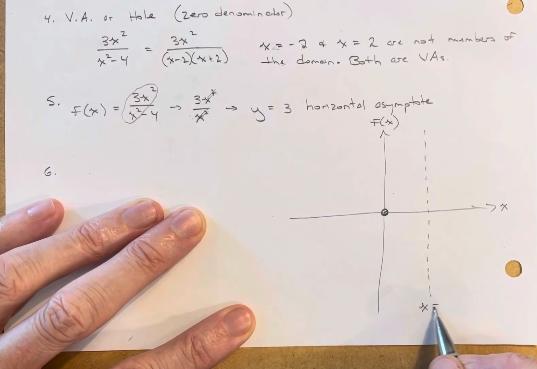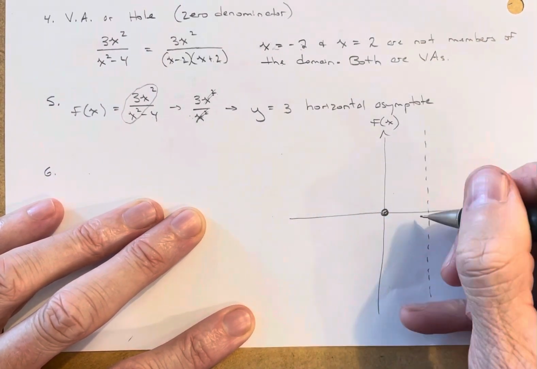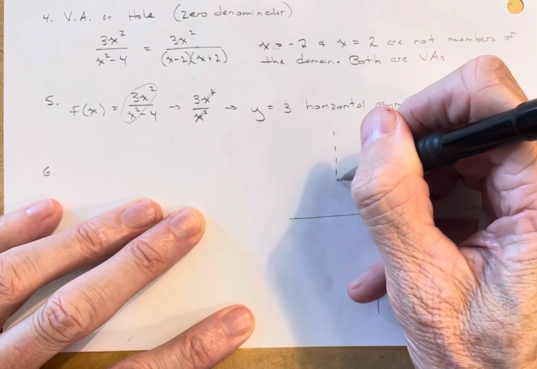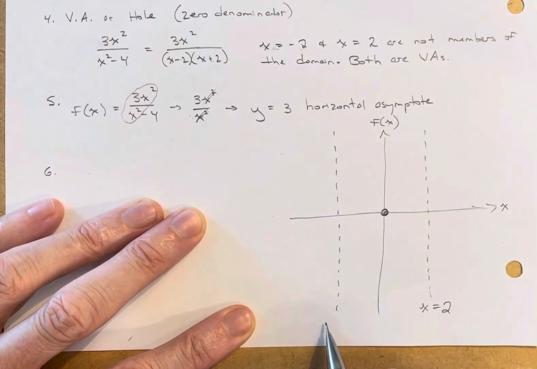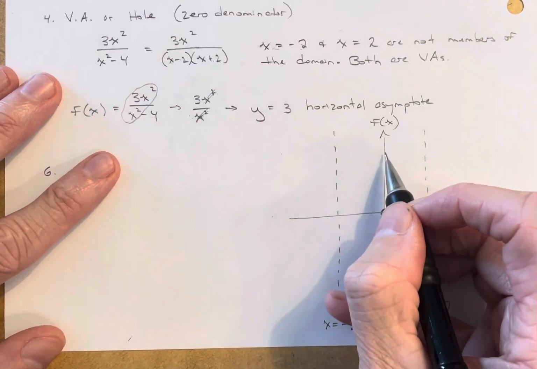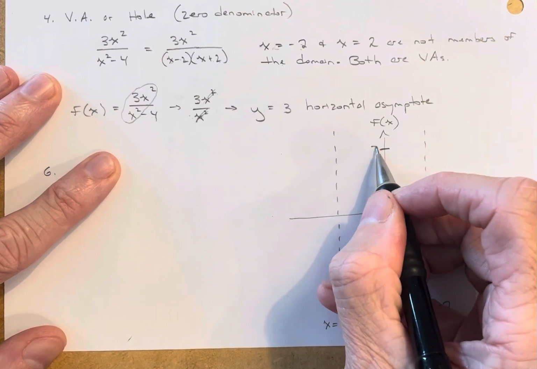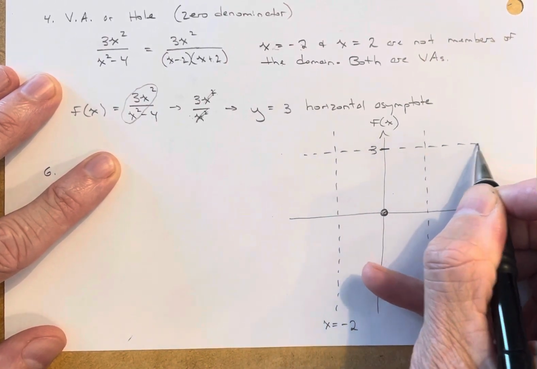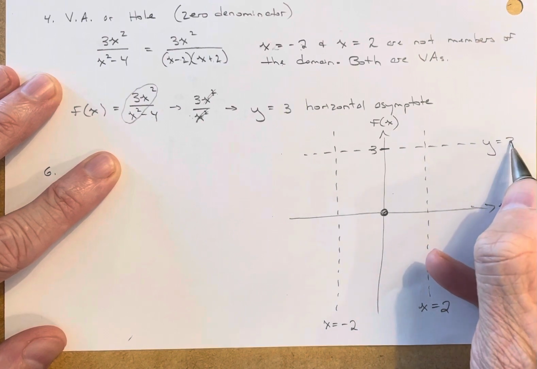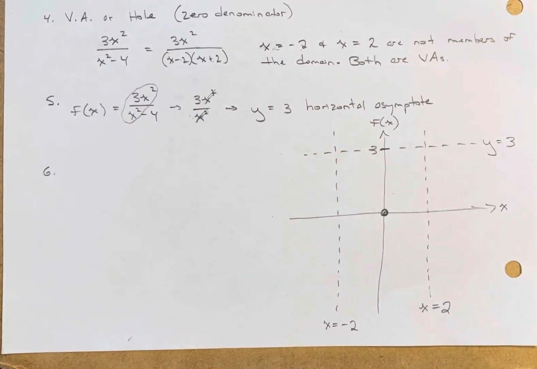This is x equals 2. I have a vertical asymptote at x equals -2. This is x equals -2. And I have a horizontal asymptote at y equals 3. Okay, so that's what I know.